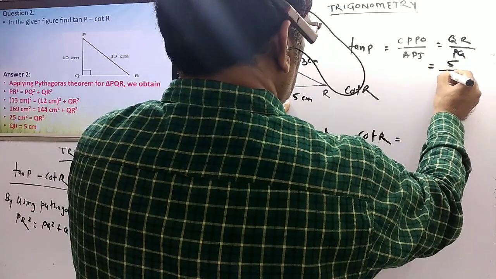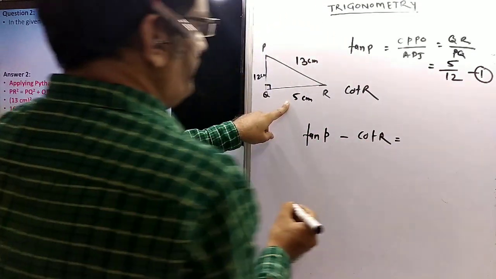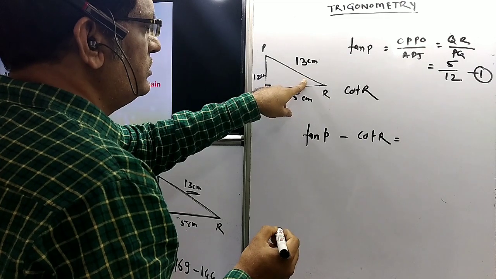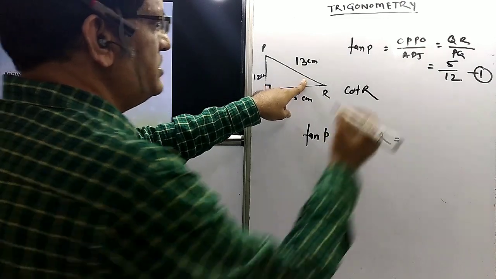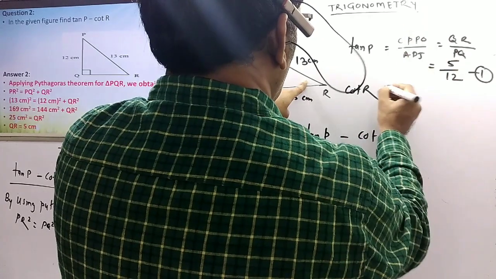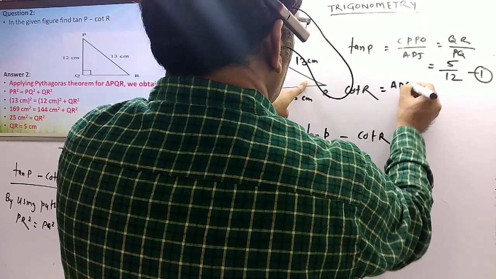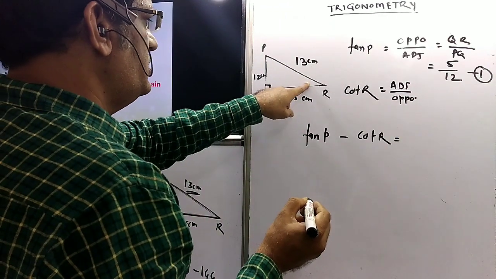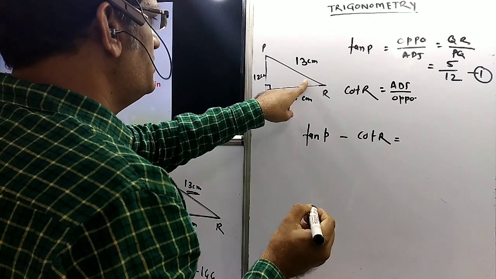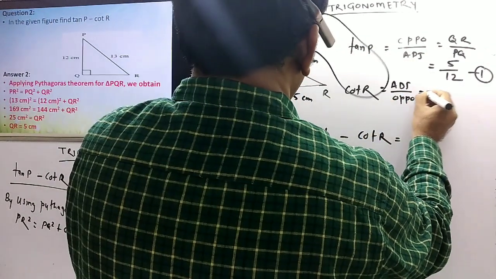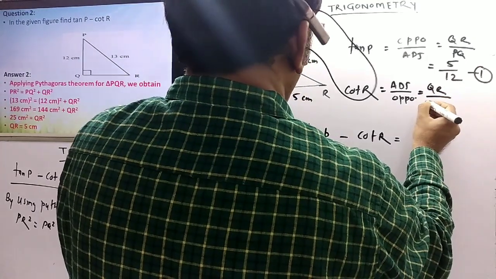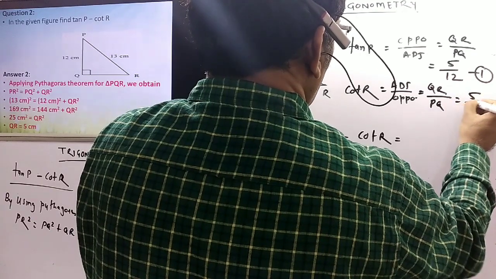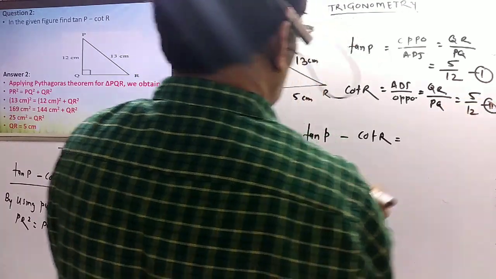So it is 5 by 12. Let us call this equation number 1. Now with respect to R, cot means adjacent side by opposite side. The angle is now different. With respect to R, the adjacent side is QR, which is 5, and the opposite side is PQ, which is 12. So cot R is 5 by 12. This is equation number 2.